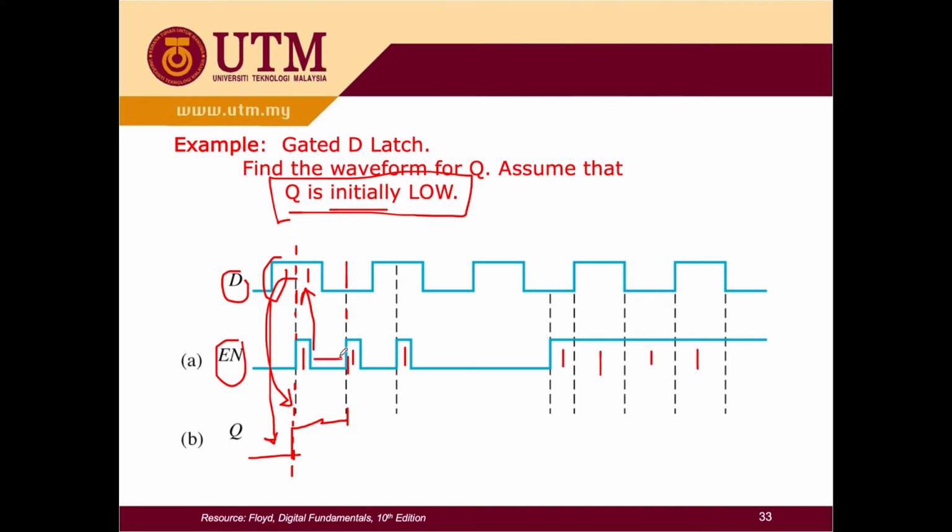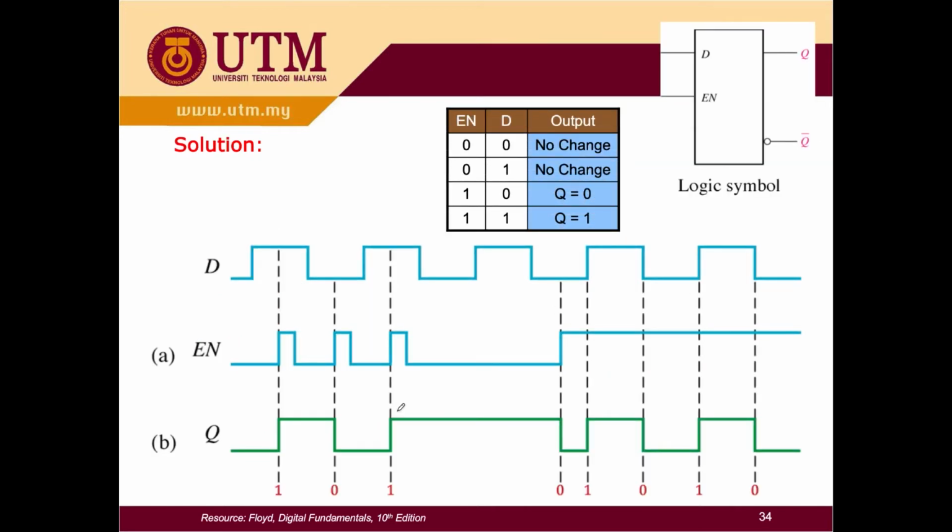For the remainder, when EN is 0, your output is not going to be 0, but it always looks back at the previous output, which remains the same or no change. Later you will look over here, it is 0 and continue like this, and so on. So this is the output. You can also try by yourself. You can print screen this now and then try to draw your own Q timing diagram, what you're going to get.